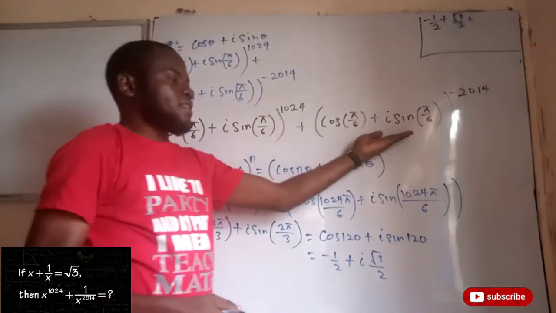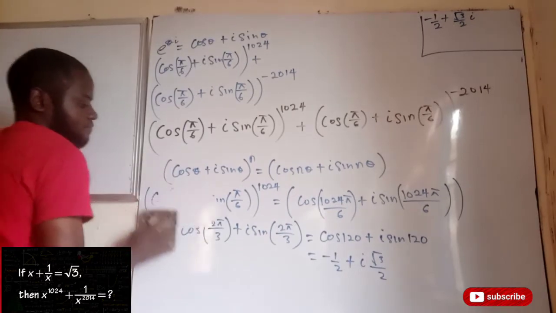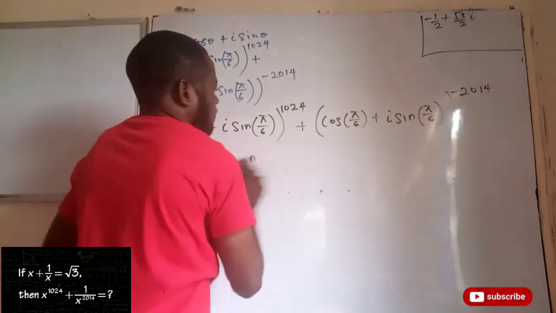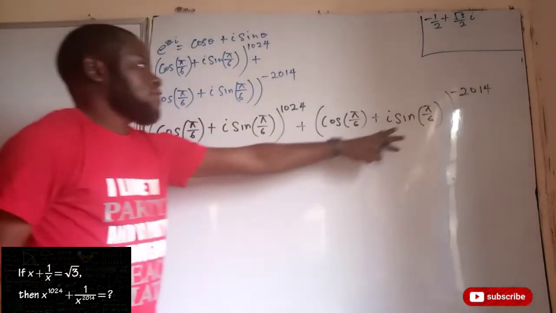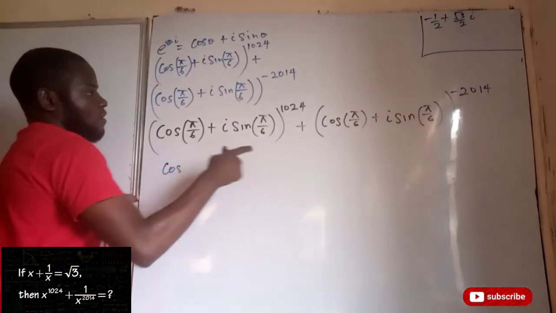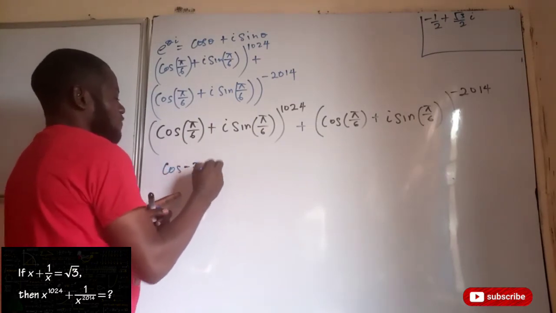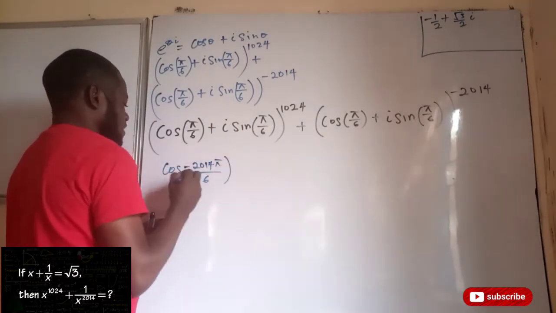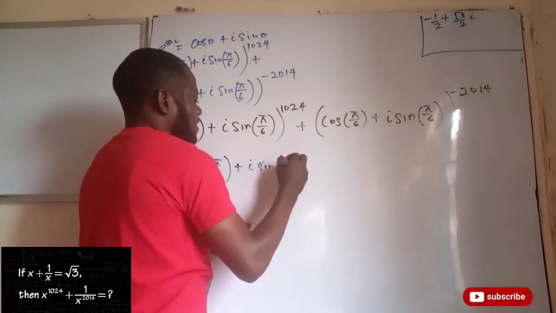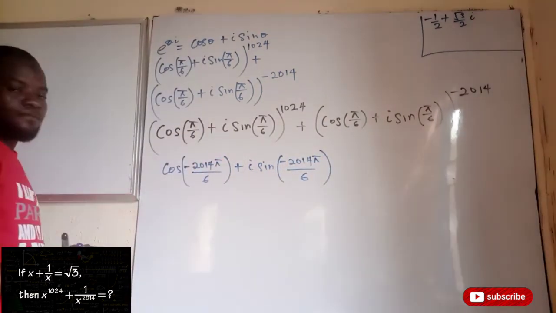So let's deal with the other part of the equation. Okay, so we need to deal with this part now. And we have cos of, instead of pi over 6, it becomes negative 2014 pi all over 6, plus i sine of negative 2014 pi all over 6.